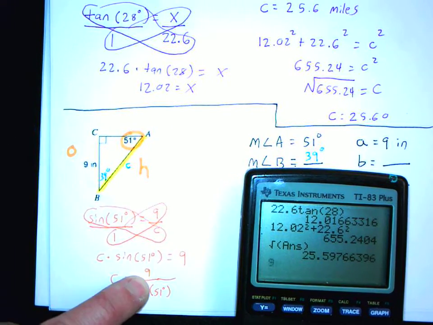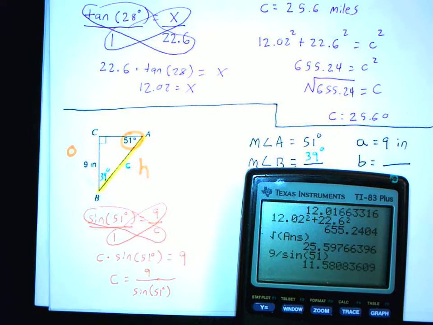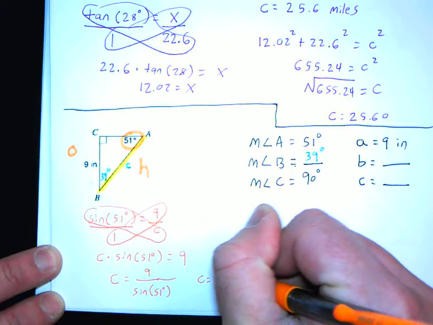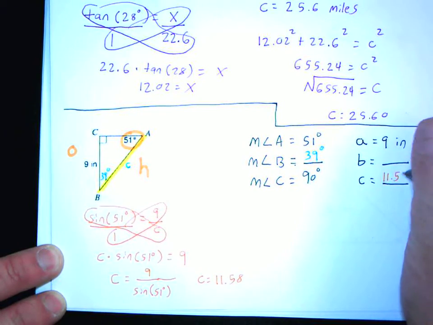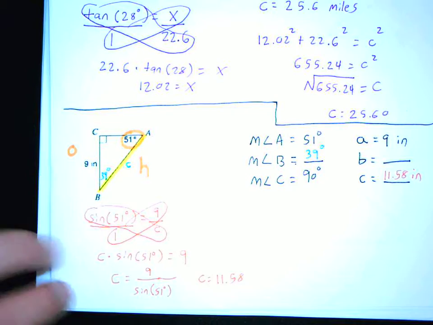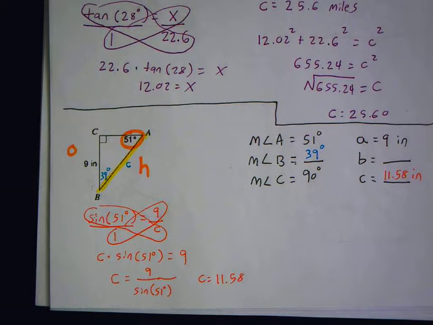So, 9 divided by sine 51 is approximately 11.58. And we're dealing in inches. It's almost a foot. Right, 12 inches in a foot.